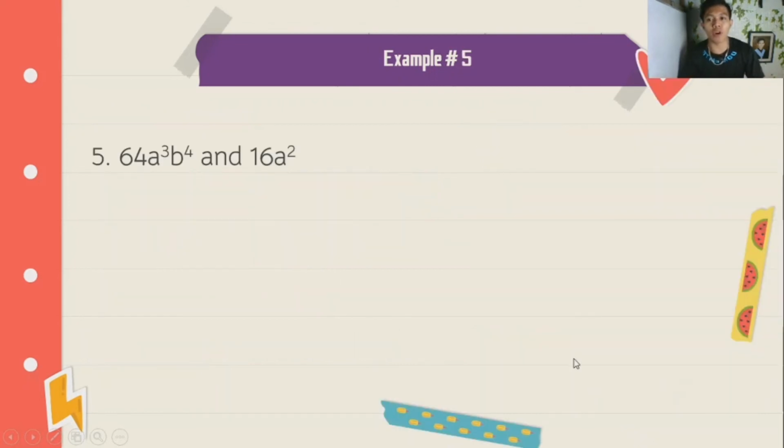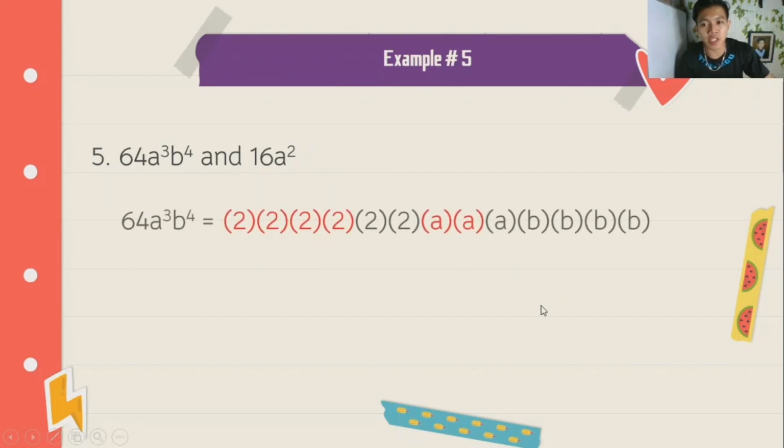Example number 5. Oh, ito medyo mahaba-haba to. 64a raised to 3, b raised to 4, and 16a raised to 2. So, lista lang muna natin si 64a raised to 3, b raised to 4. Actually, madali lang ito, no? So, 64 is 2 times 2 times 2 times 2 times 2 times 2.